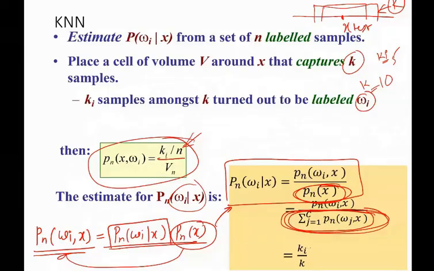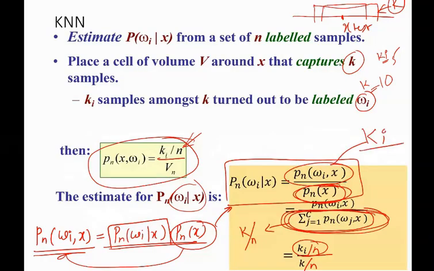So this will be total numbers K divided by N, and the numerator is Ki, since there are Ki numbers in total N samples. So this N gets cancelled and the remaining thing is Ki by K.